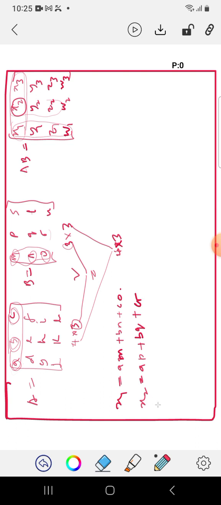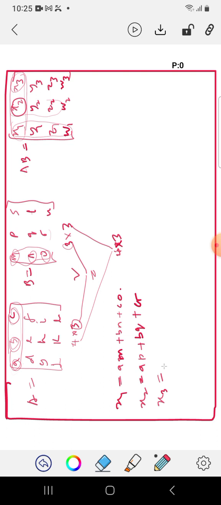Then you go to x3. X3 is on the first row and the third column. So you go here, the first row, which is A, B, C. Let me make it a little bit fun.